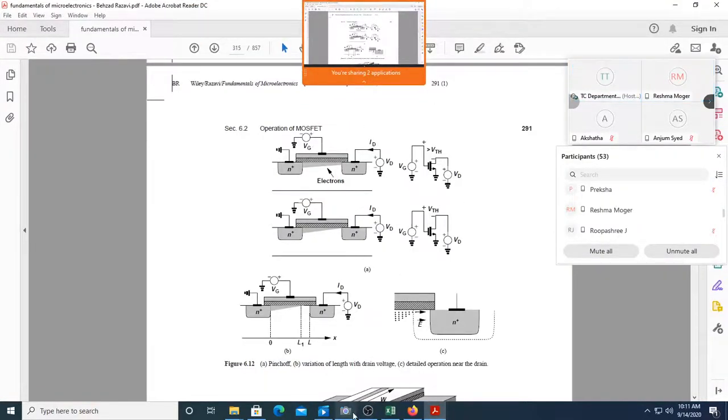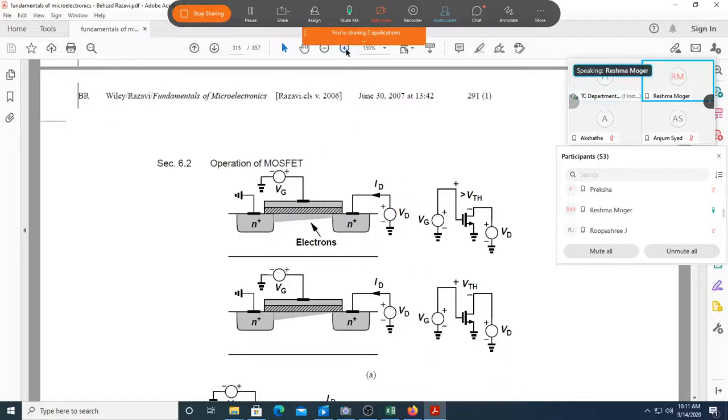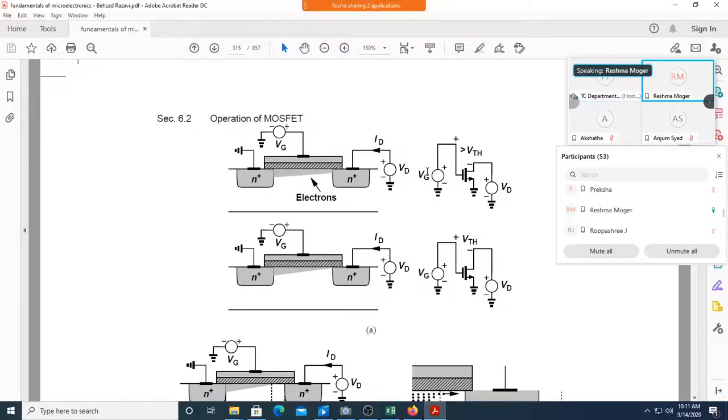When does this happen? Can you see this first picture, Reshma? Yes, sir. Can you see the electrons are more here, and when coming towards the drain side, they are lesser in number?